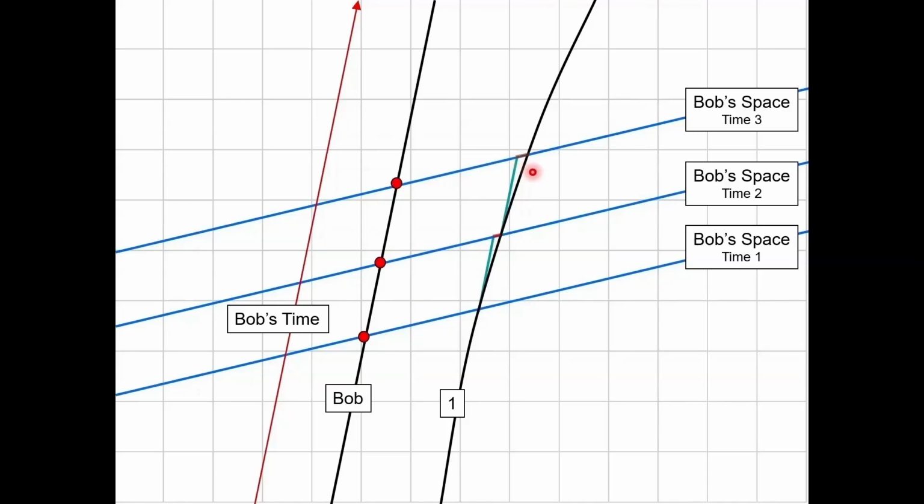But now if we compare the red segment and the brown segment, the brown is bigger, it's longer, which means the speed of particle 1 away from Bob grew as we move along Bob's time. And this means that a curved world line equals acceleration. Acceleration is the change of speed with time.